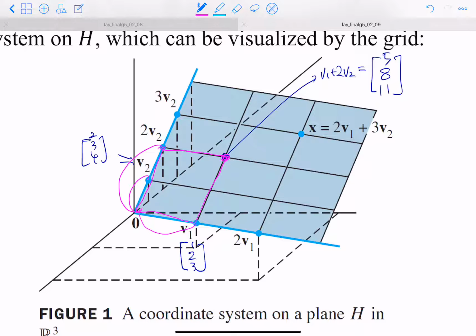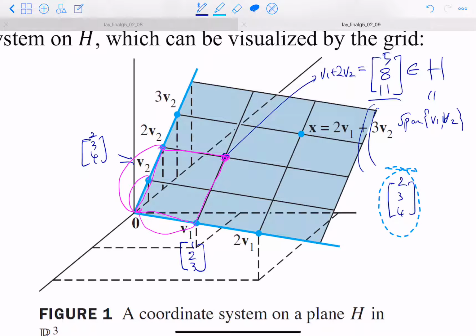Right. And then certainly this point is inside of the subspace H spanned by V1 and V2, right? And then now let's consider its linear combination coefficient.